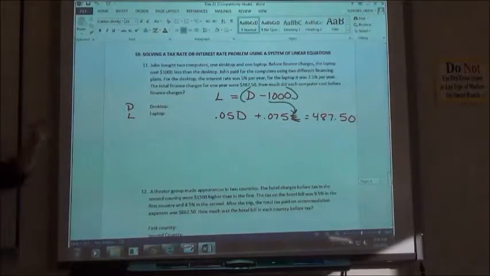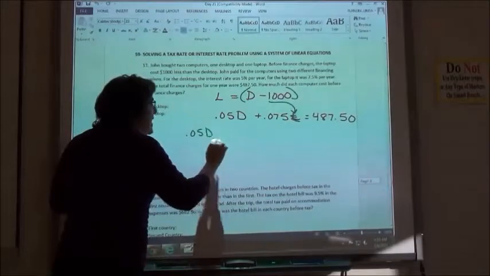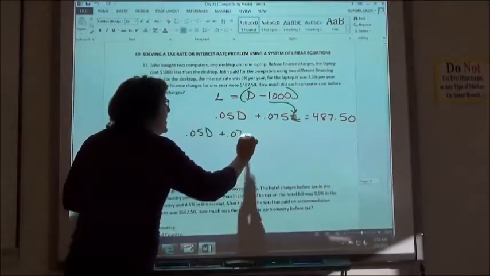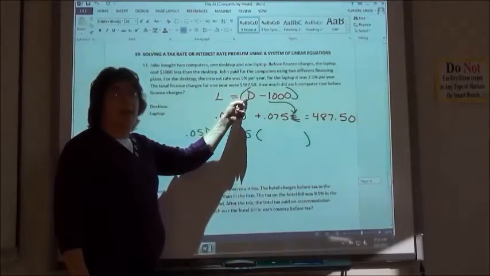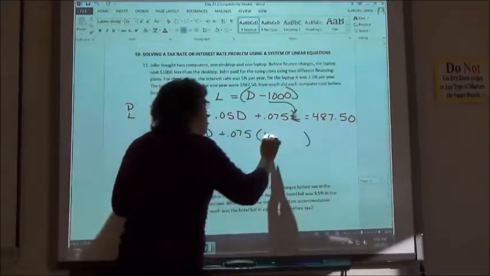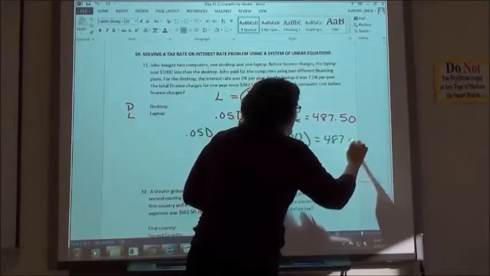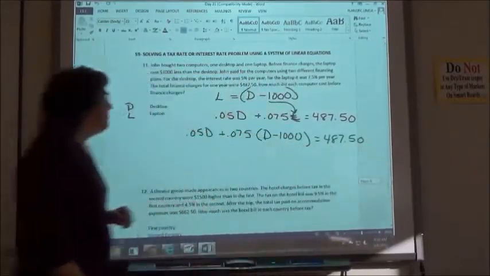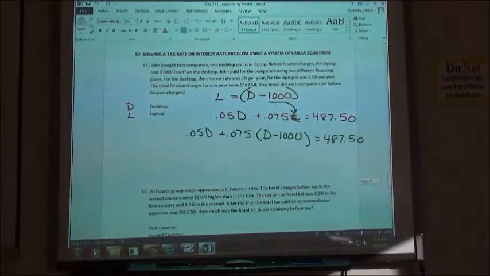If I rewrite that second equation, I'm going to have 0.05D plus 0.075, and in parentheses, I'm going to replace the L with D minus 1,000, equals my 487.50. Now I have an equation that only has one variable, and I can go ahead and solve that.